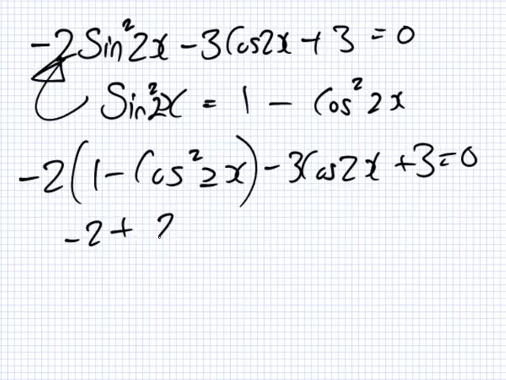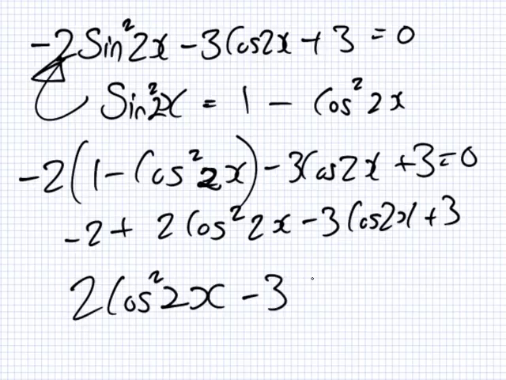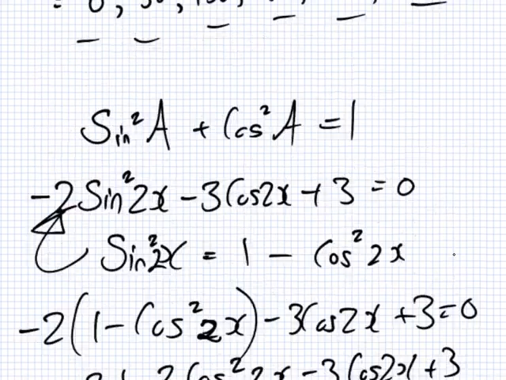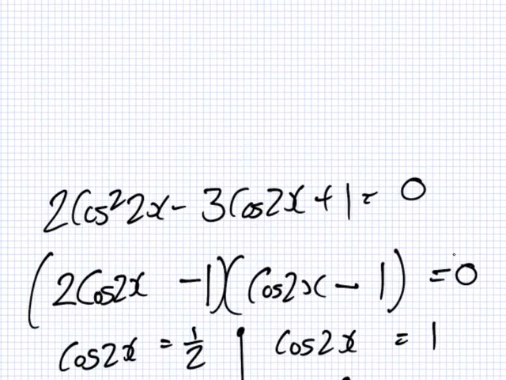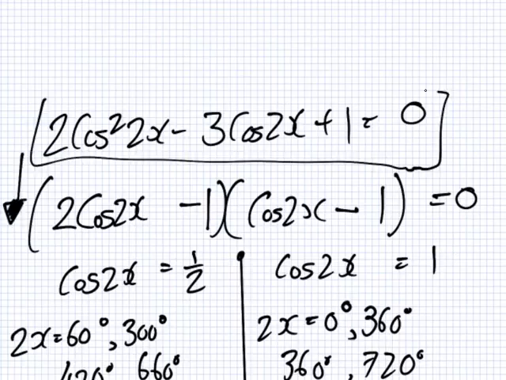Minus 2 plus 2 cos squared 2x minus 3 cos 2x plus 3. So that's 2 cos squared 2x minus 3 cos 2x plus 1 equals 0, which is exactly the same as the previous question. It's literally the same equation.